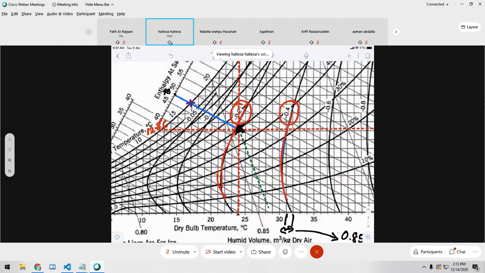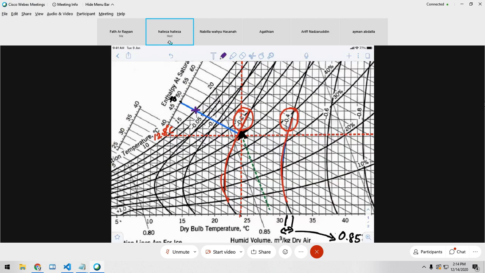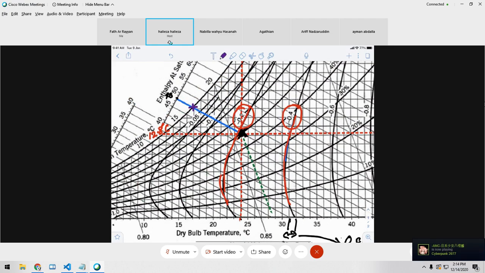Okay, now let's go back to what I was telling you just now. I made a mistake. What mistake did I make when I was showing you the psychrometric chart? Anybody? Nobody going to respond? Okay, I was talking about the dew point. How do you get the dew point?